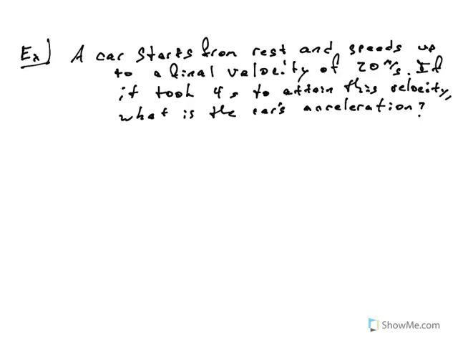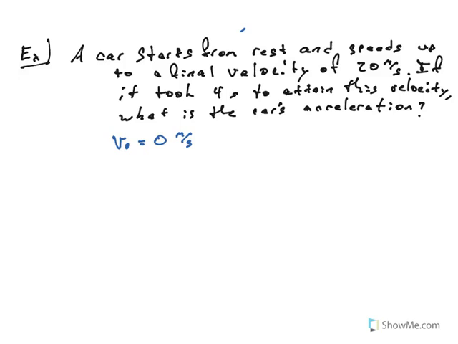So let's read it and see if we can pick out pieces of information that are useful. A car starts from rest and speeds up. Okay, I already know one important thing. The car starts from rest. That tells me the initial velocity of the car must have been 0.